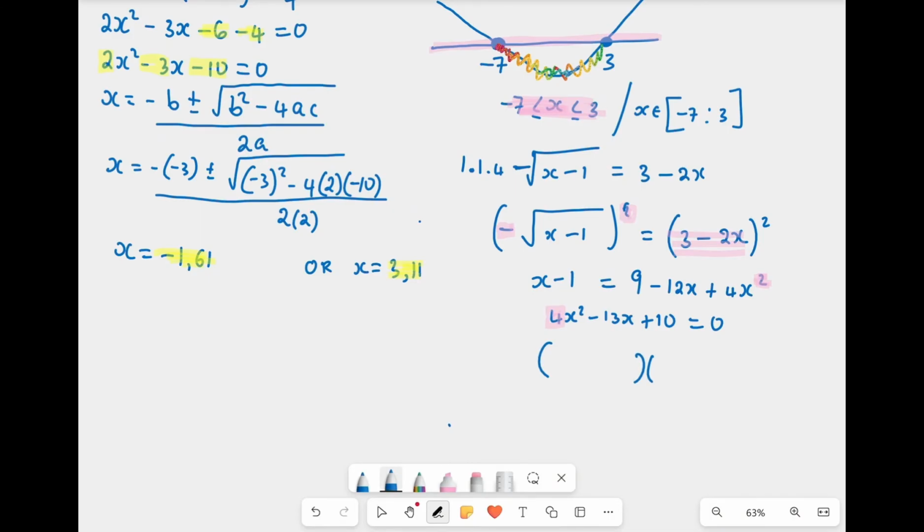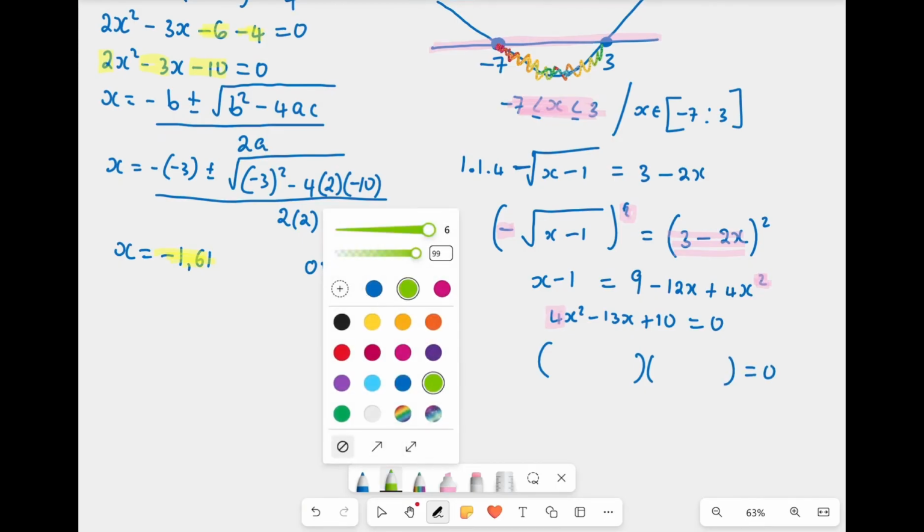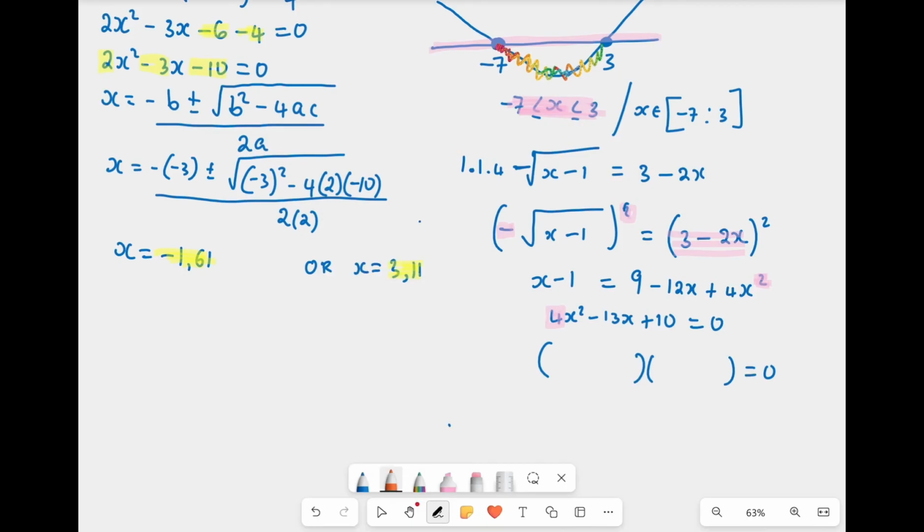So now look at this. If you use the quadratic formula, you will get x is equal to 5 over 4, or x is equal to 2. Now you can transpose 2, so you will have x minus 2 is equal to 0.